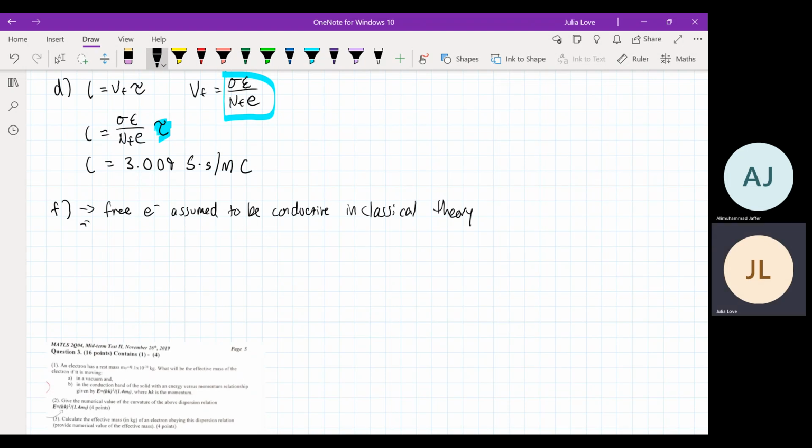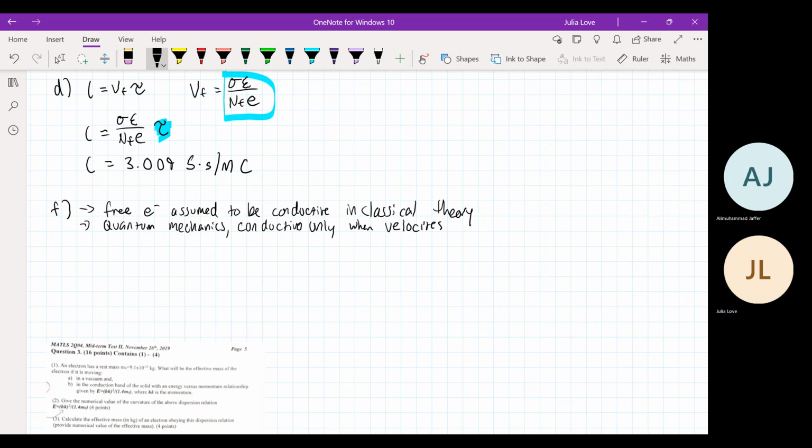In quantum mechanics, they're only assumed to be conductive when their velocities are close to their Fermi velocities.